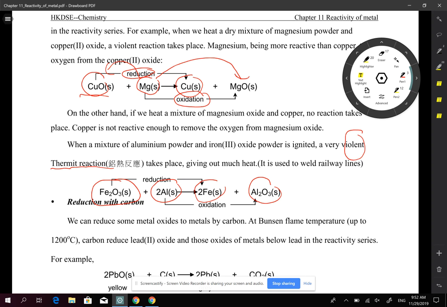Okay, this method is so useful to join the railway.